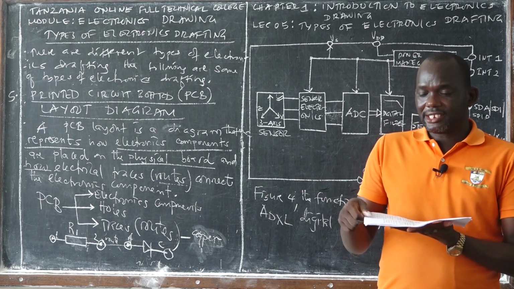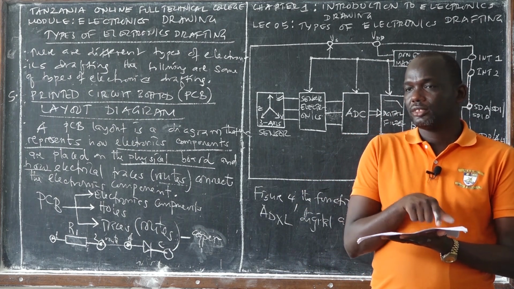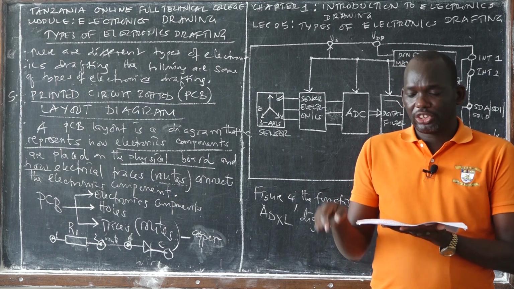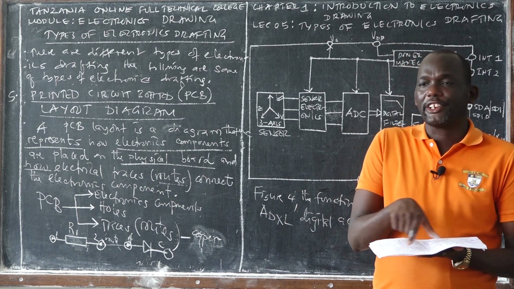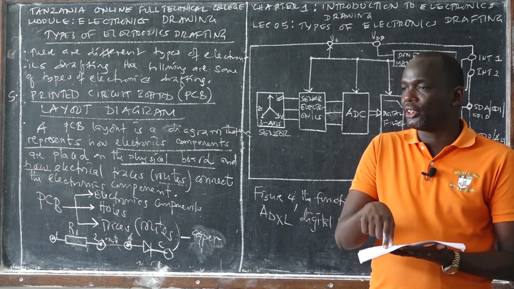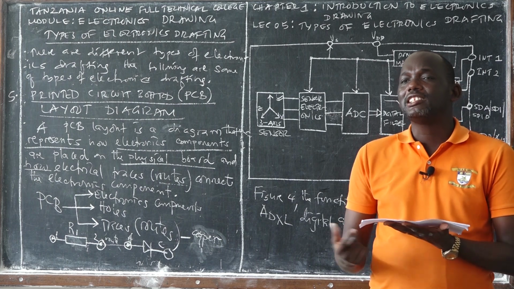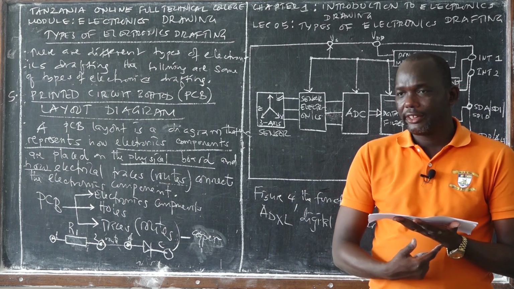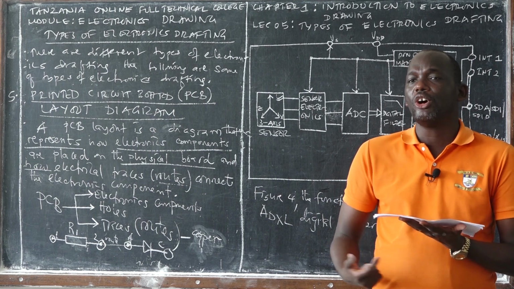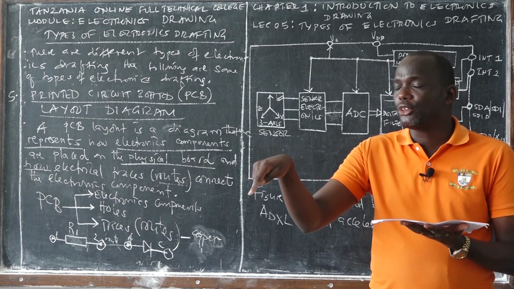So suppose that this side we call the top side, and this is the bottom side. The top side is where we place and mount electronics components. The bottom side is where we find the copper that will create the traces or the routes to connect one electronics component to another.